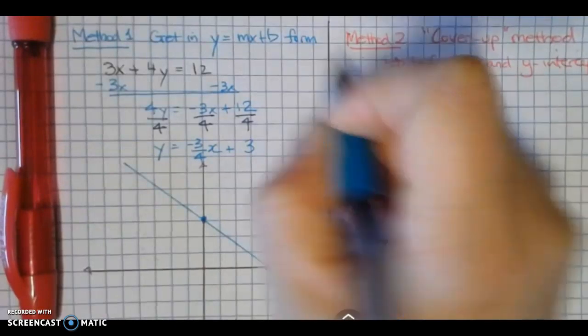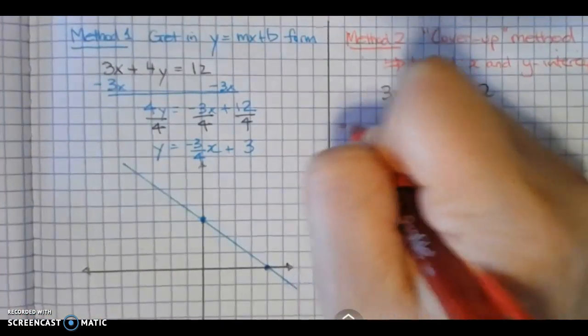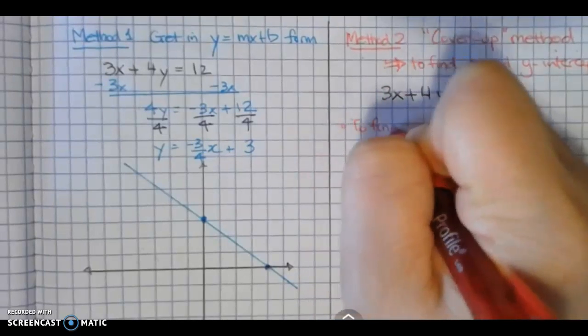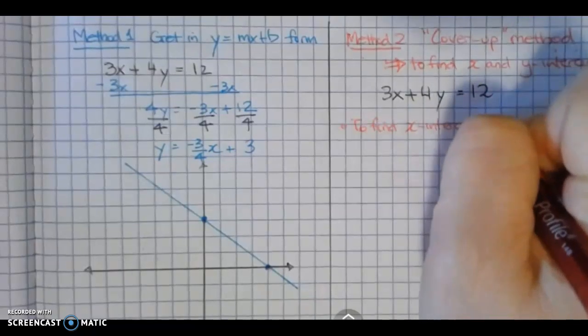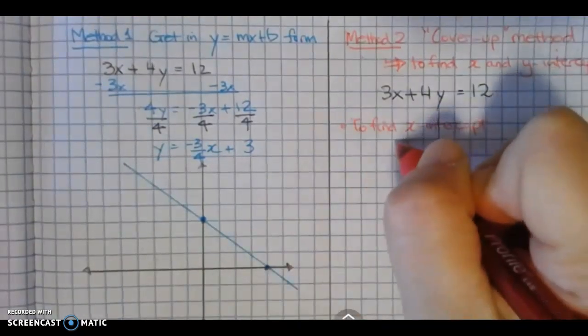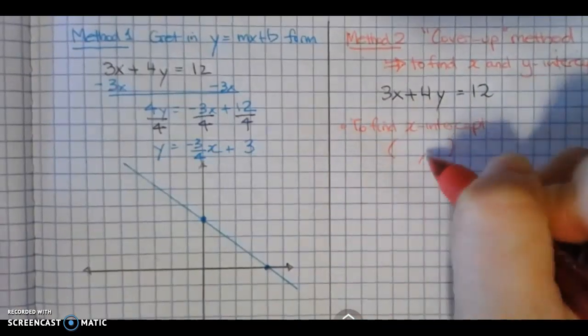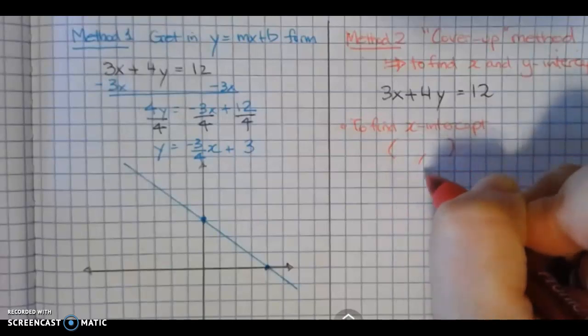So how do we find the x-intercept? First step, to find the x-intercept, let's think about this. What's special about the x-intercept? If you have two numbers, which one of these numbers is 0?